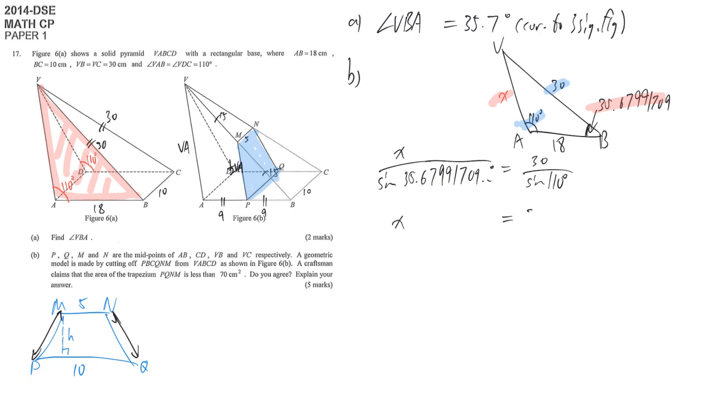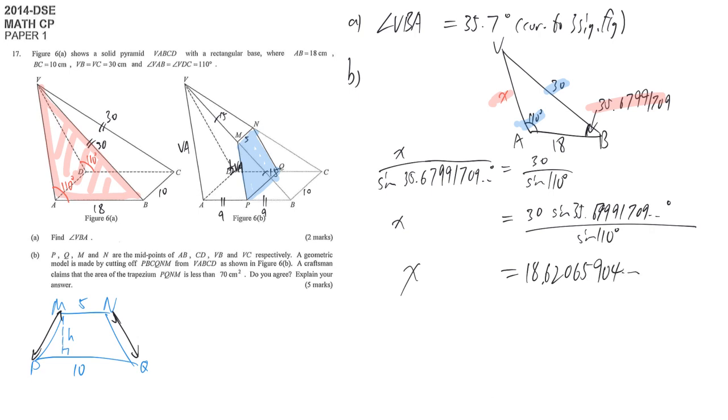So therefore x is 30 times sine, and then we get 18.62065904. Our target is to find out MP to know more about this trapezium. So we know that MP is equal to 1 over 2 times x, which is equal to 9.310329519.